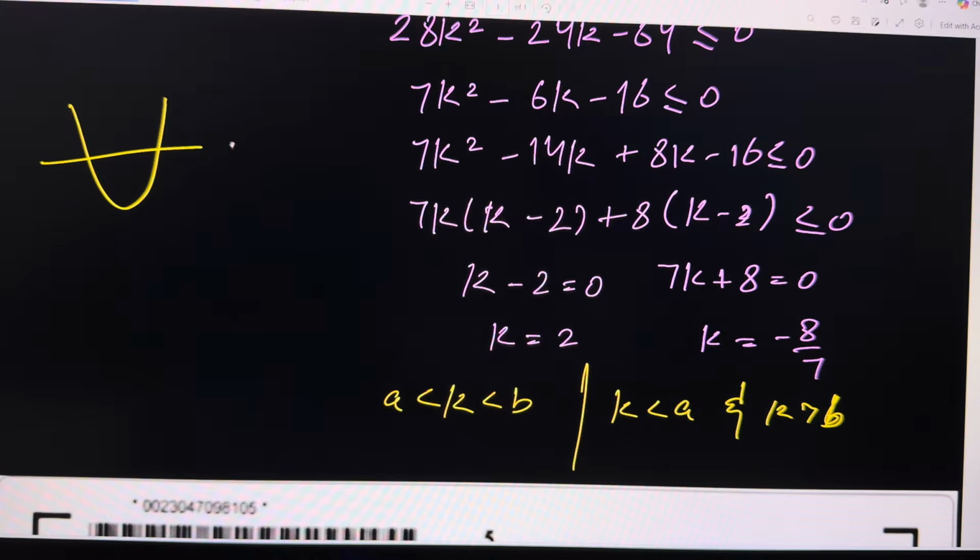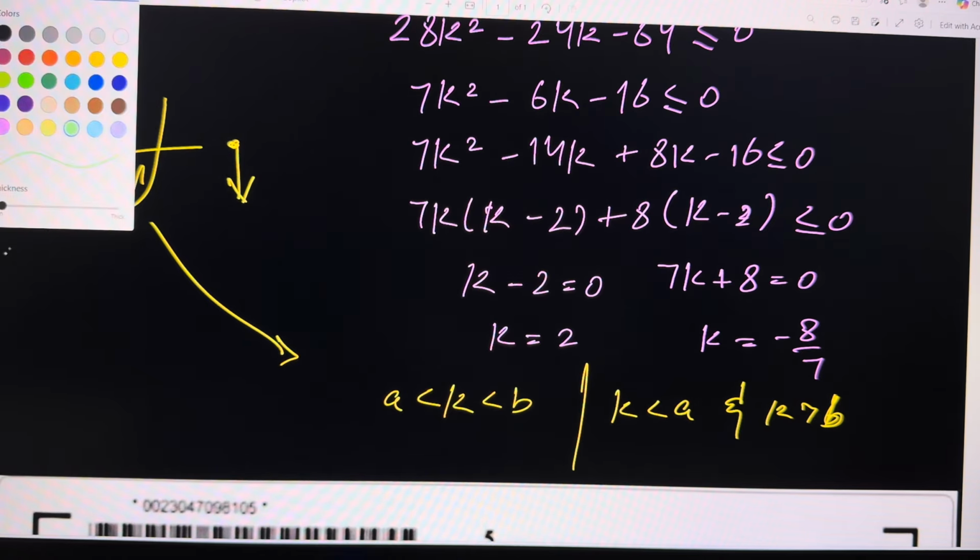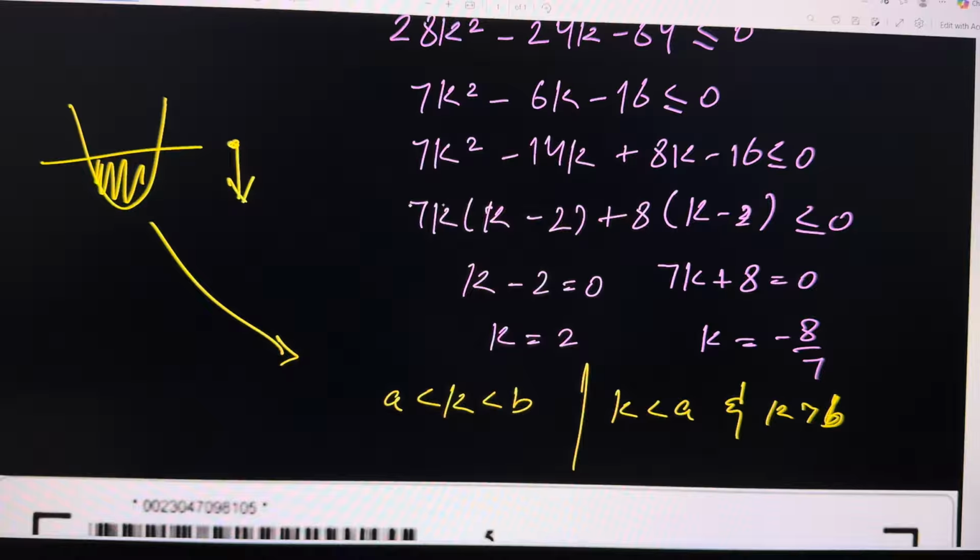Y is less than 0, so below the axis. Imagine there's a point here, and it's going less than 0, so it goes down, it always goes down, so it converges to a point. So k is sandwiched between these two points, and this is the main reason I'm explaining this.